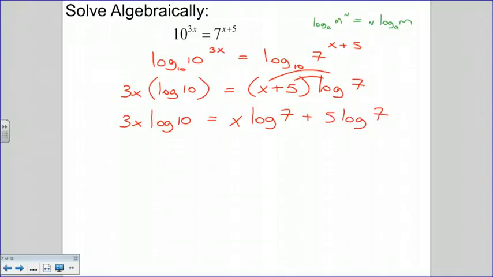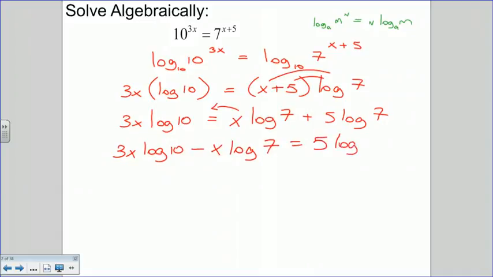Okay. Isolate x. So on the left-hand side, we want to bring all terms involving x to that side. So this term must move over. So I have x on one side, constants on the other. On the left-hand side, how do we get x by itself? Factor out an x. They both have x in common, so we can factor that out.